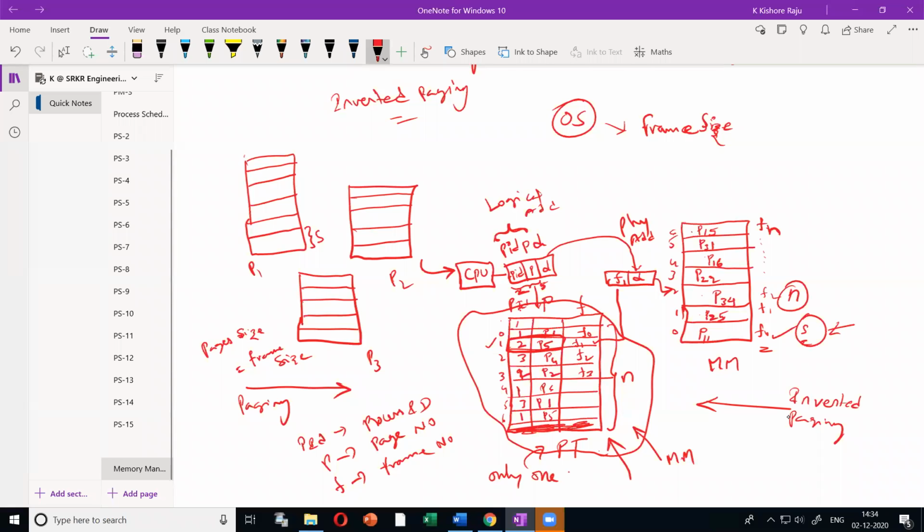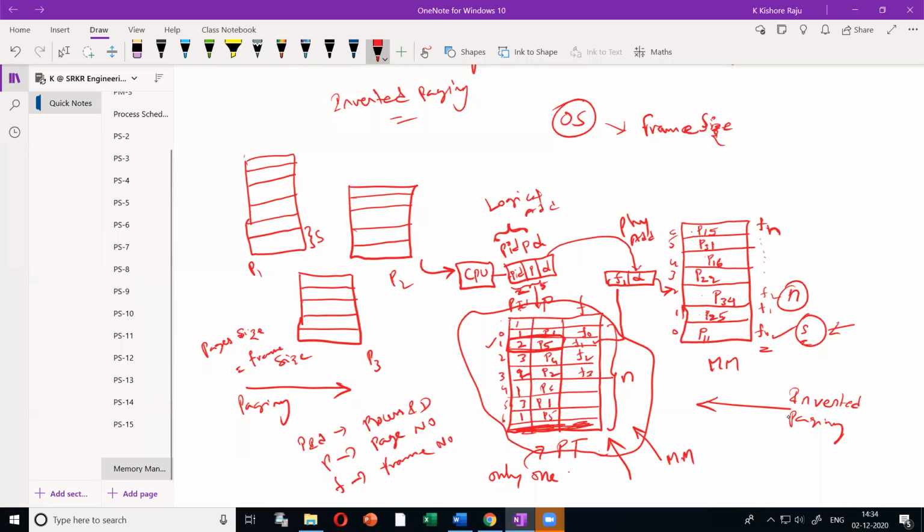No need to maintain individual page tables in the main memory. Instead, a common page table is maintained. It is definitely larger, but only one page table is sufficient.